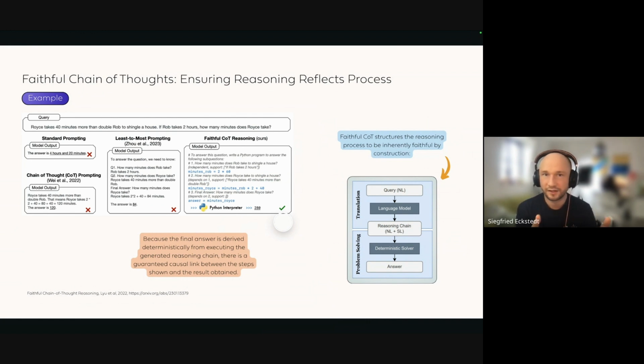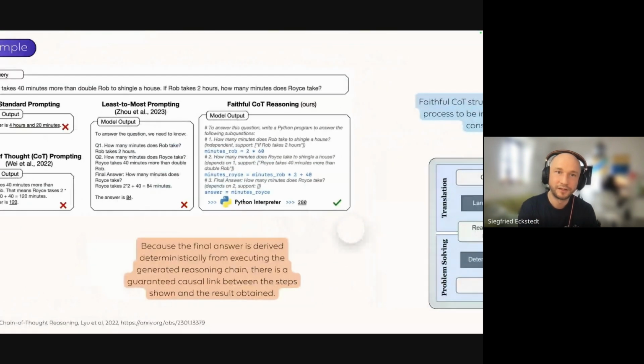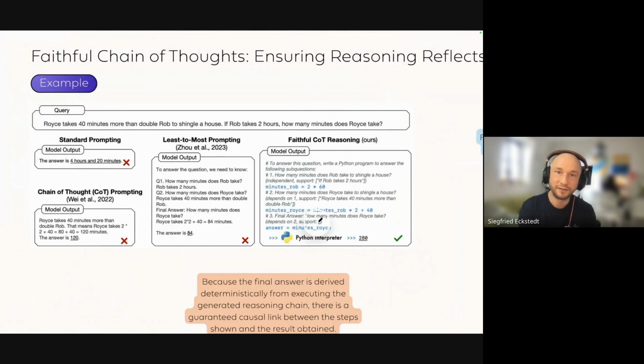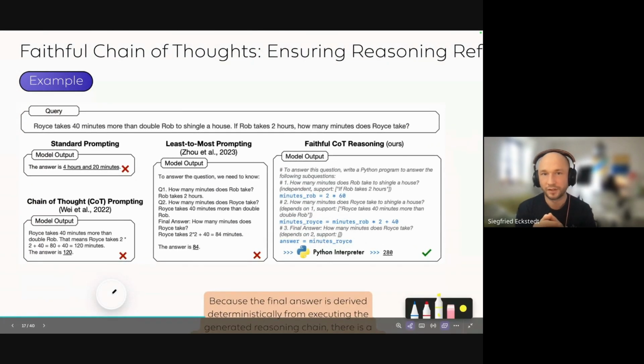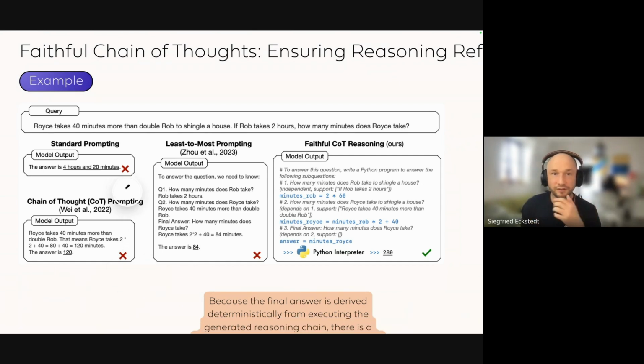So here, the idea is that we allow it to generate the text in terms of how to approach the problem, but we don't trust it with the eventual calculation or running the numbers. Instead, as we will see in the example, we use code that will then be executed and interpreted by the model.